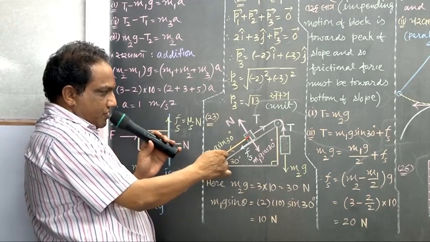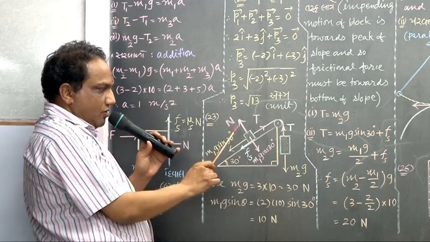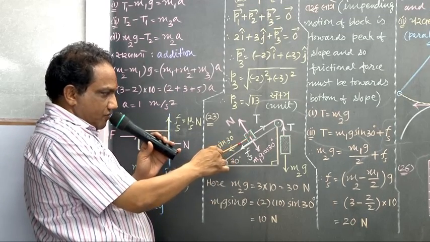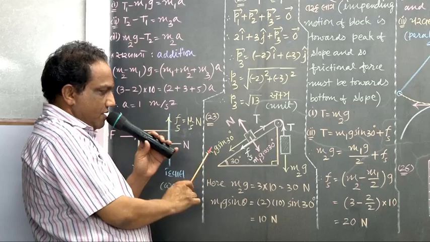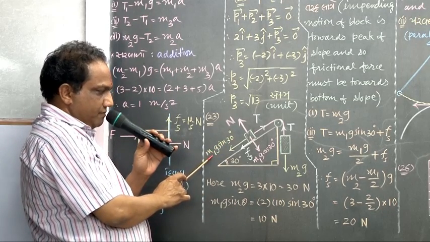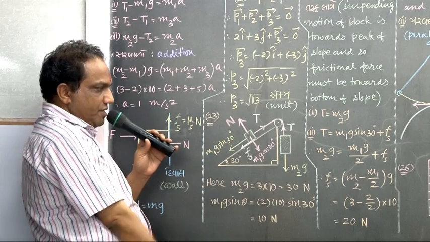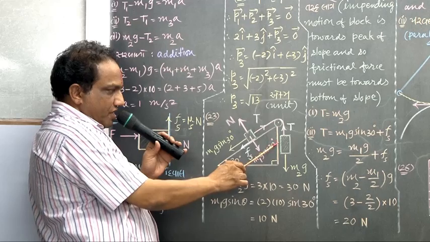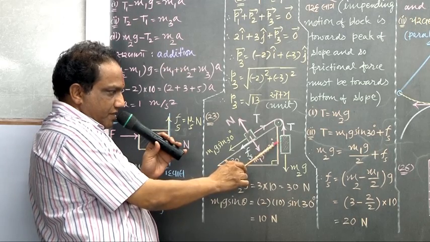You must be knowing the force exerted on a block lying on a slope of angle theta, parallel to the surface of the slope. You must remember the formula mg sin theta. Instead of m, I am putting m1, and instead of theta I am putting 30 degrees. This block is no more in contact with the surface, it is rather separated.